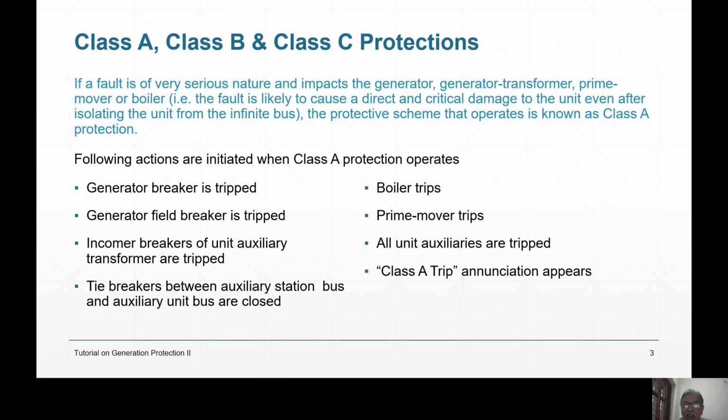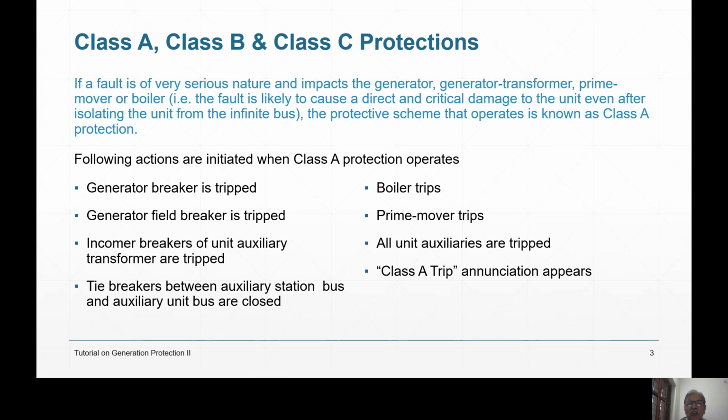Whereas steam control valve can be opened or closed to 0%, 10%, 20%, 30%, because it is to control the load on the generator. That is a different thing. But here, when you want to trip the turbine, you have to close the steam stop valve.